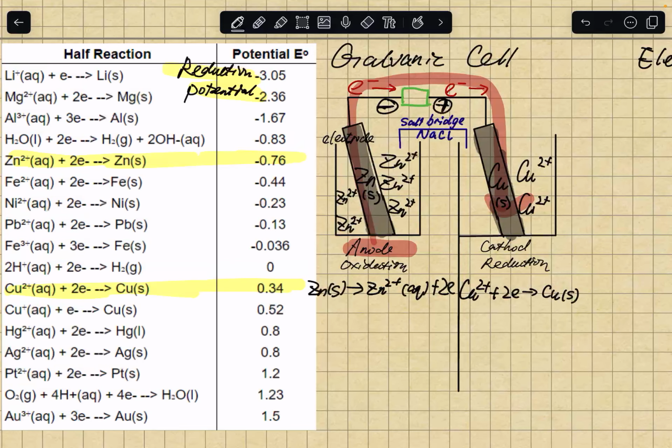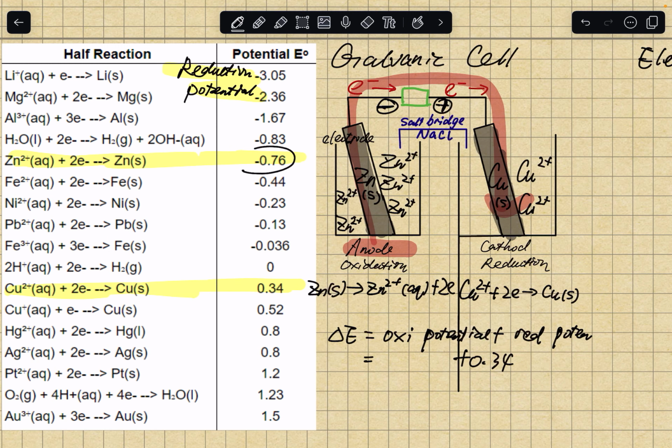We can also write out the net potential of this cell by adding the oxidation potential of the anode side plus the reduction potential of the cathode side. The reduction potential of copper is 0.34. But what is the oxidation potential of zinc?